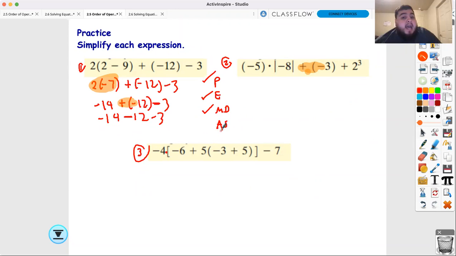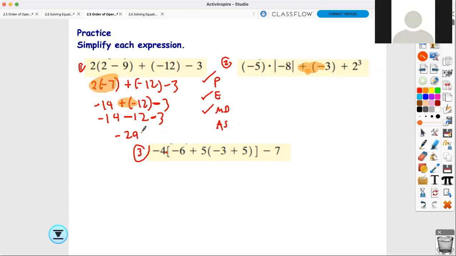So now we add and subtract from which way to which way? Left to right. So now we do -14 take away 12, and that is equal to -26. And then we take away again, how much? 3. And what do we get? You get -29. And that is correct, Justin.